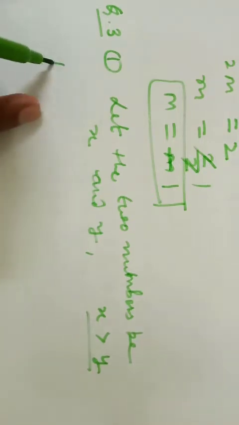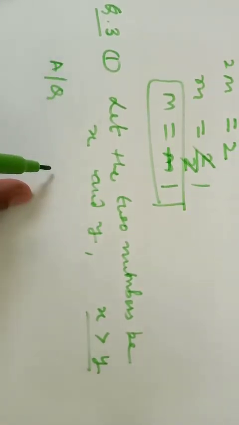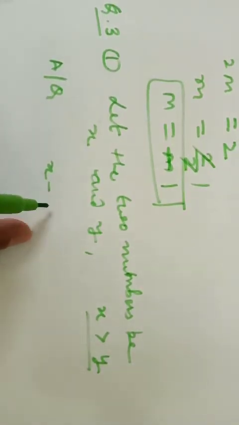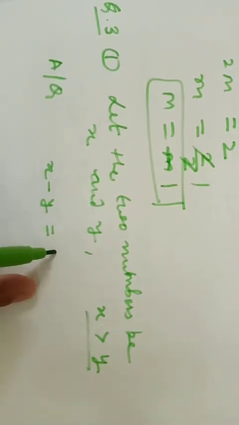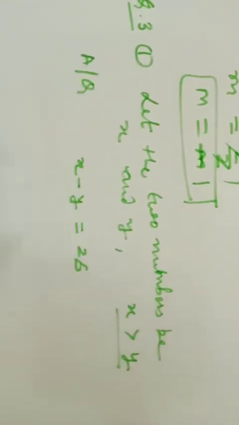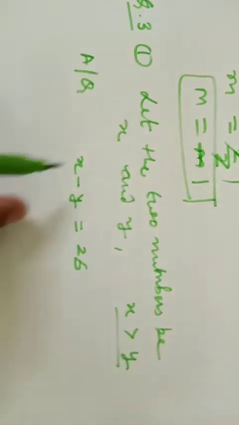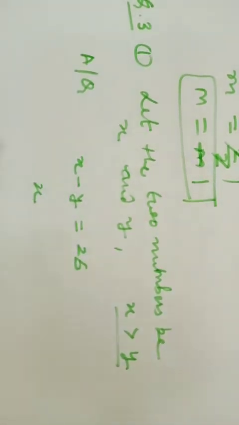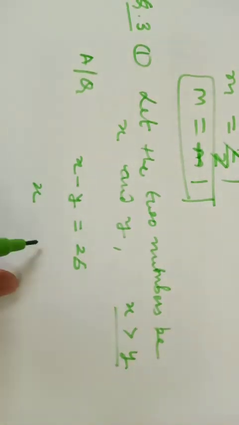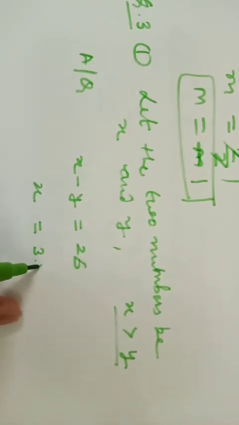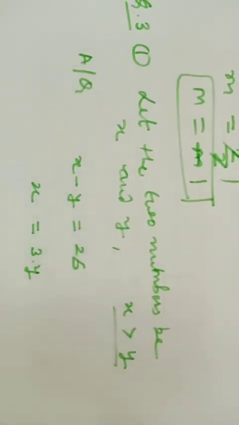So according to the question, x minus y is equal to 26, because the difference between them, x minus y, is equal to 26. And according to the second situation of the question, one number, it means x, is 3 times the other. It means x is equal to 3 times the second number, it means y. x is equal to 3y.